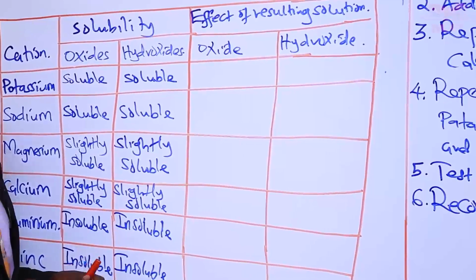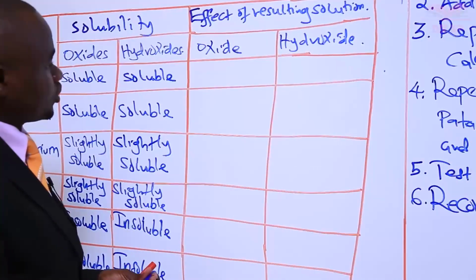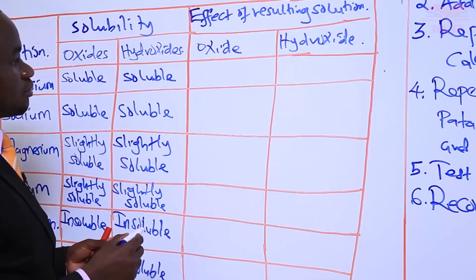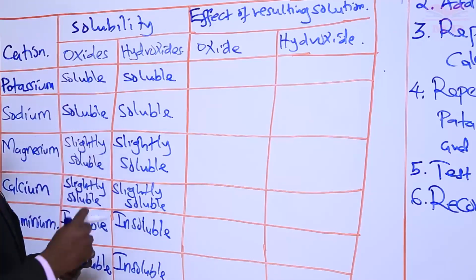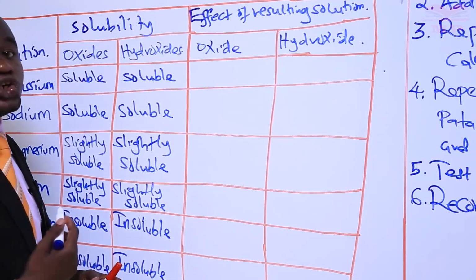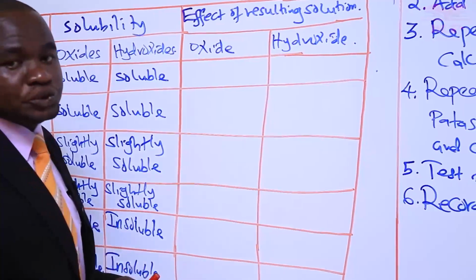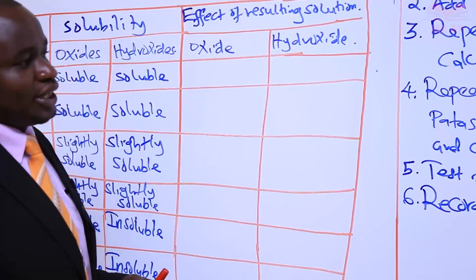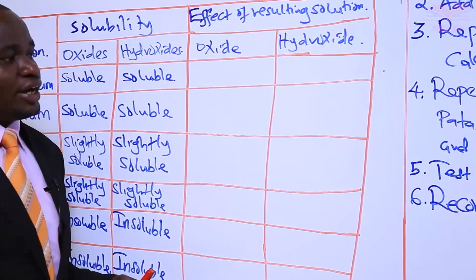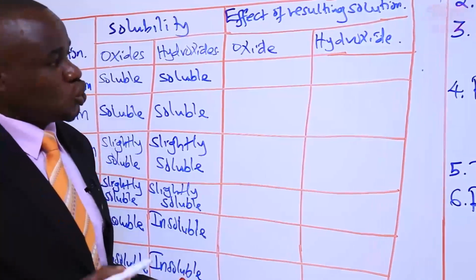So this will be the expected observation, that the oxide of potassium will dissolve in water to produce a basic solution. And a basic solution, you know very well that it will turn red litmus paper to blue.